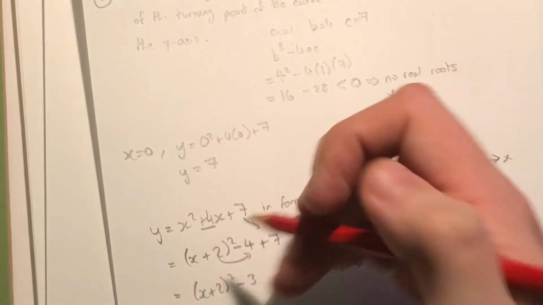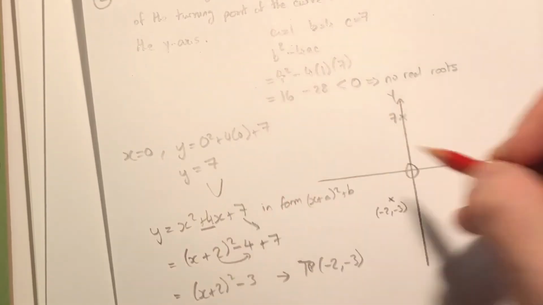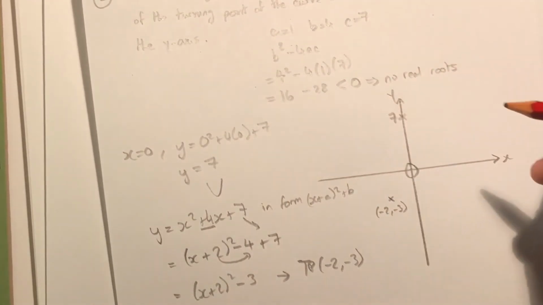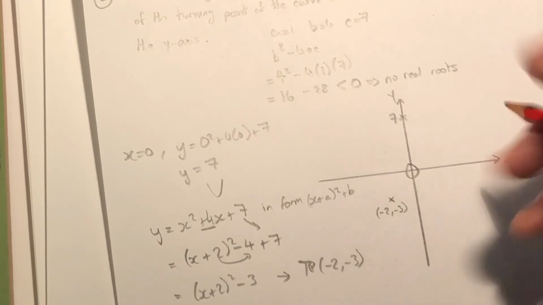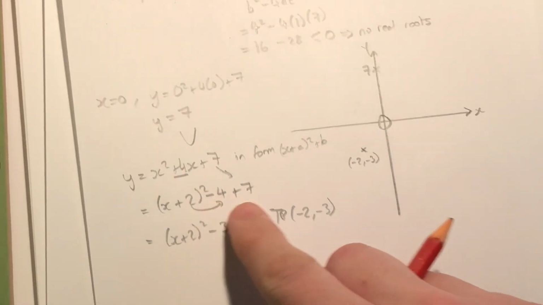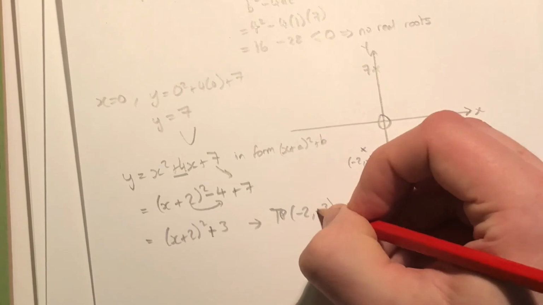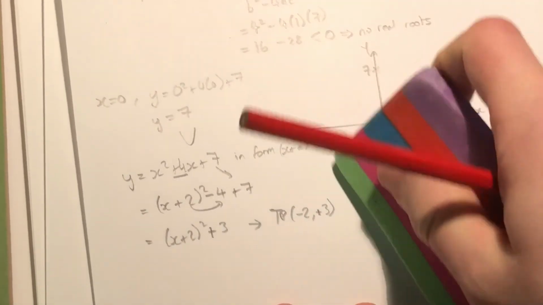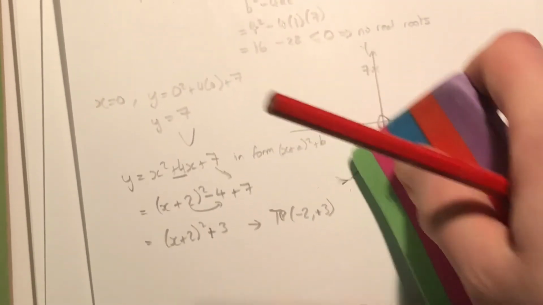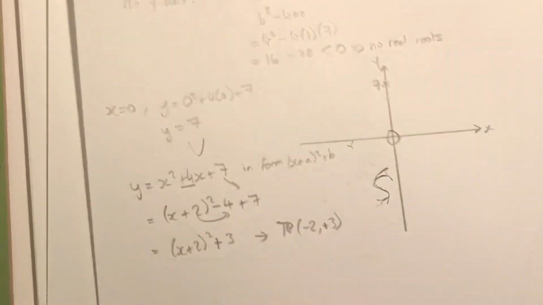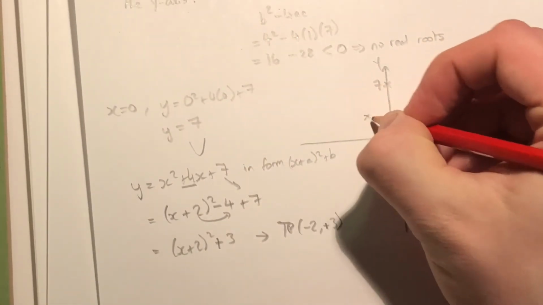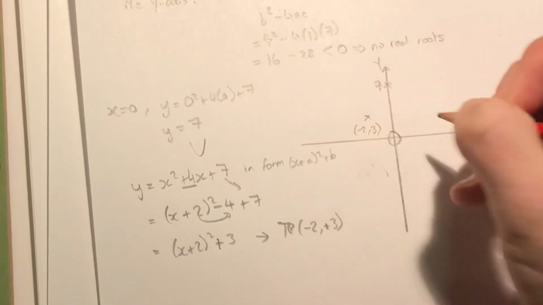We know from the graph that this is a positive x squared, so it's going to do something like that. And I've made an error. Where have I made the error? Ah, of course, right. Minus 4 plus 7 is positive 3. So I was right with the coordinates beforehand. It's just for the wrong reasons. Right. Third time lucky. Okay. So let's try that again. Minus 2, positive 3. There we go.